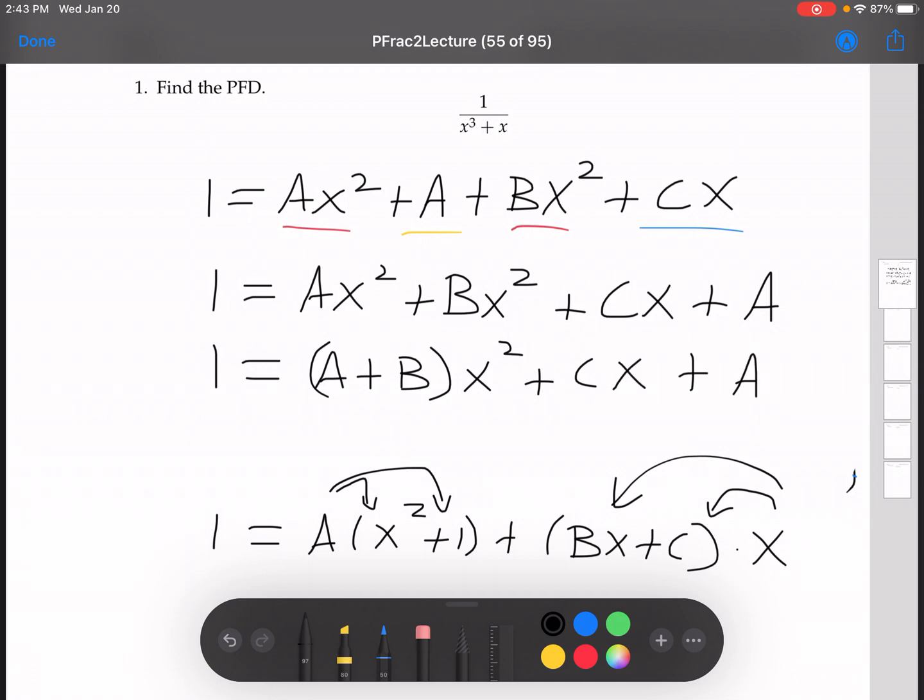And now we write the left-hand side here as 0 times x squared plus 0 times x plus 1. And notice that is equal to 1. Just 0 plus 0 plus 1, that's just 1.